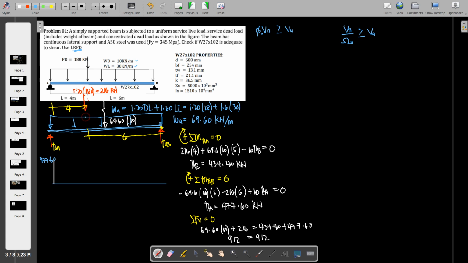This area is 4 times 69.6, which is equal to 278.4.